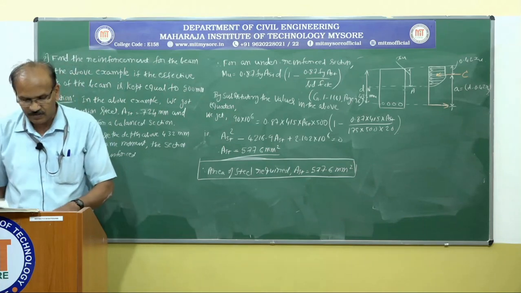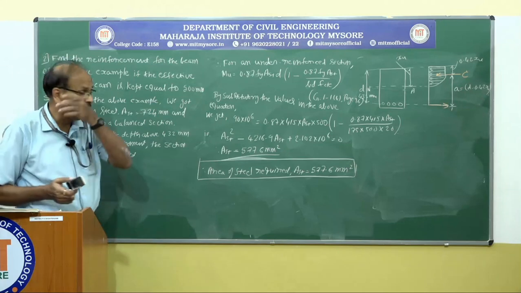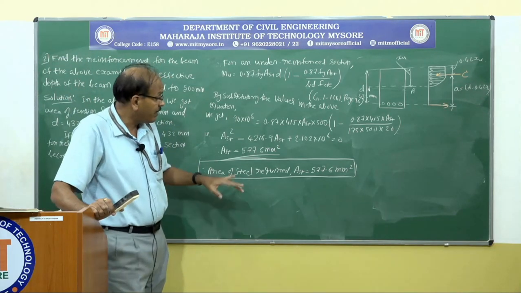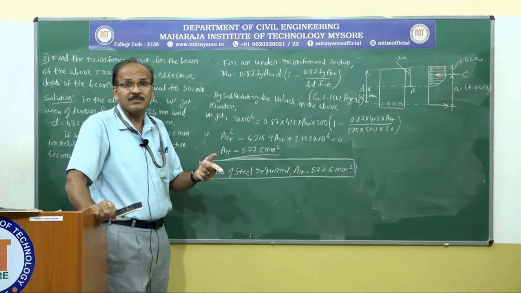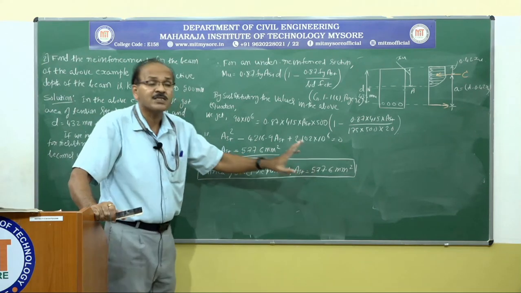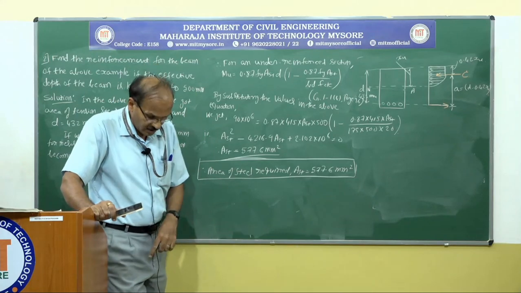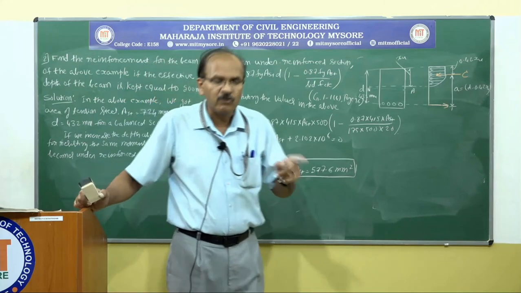In the previous case, for a balanced section, the area of steel required was 724 millimeter square. Once we increase the depth, what is the area of steel required? 577.6 millimeter square.